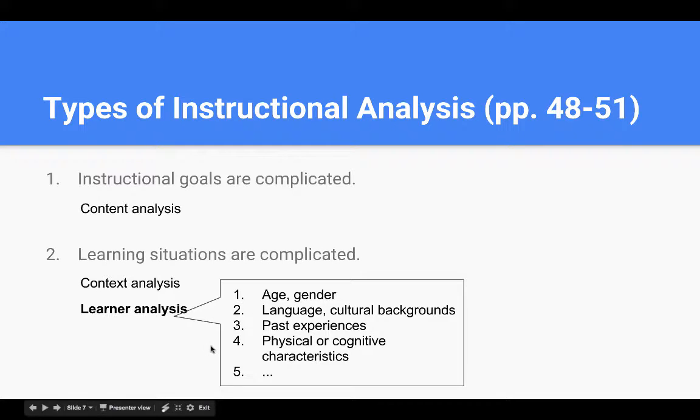The goal of learner analysis is to create an overall picture of our learners so that we understand their needs. This helps us determine if the instructional goals and learning objectives are appropriate. Also, we'll identify their interest as related to the content.